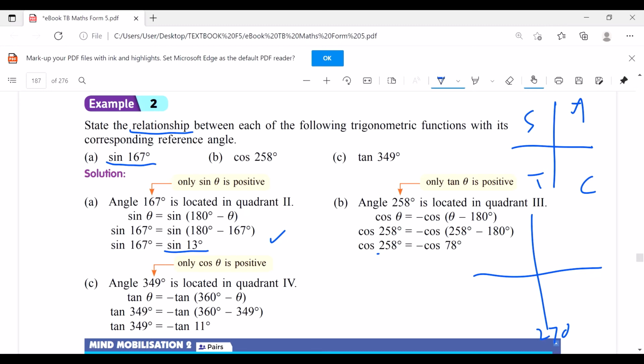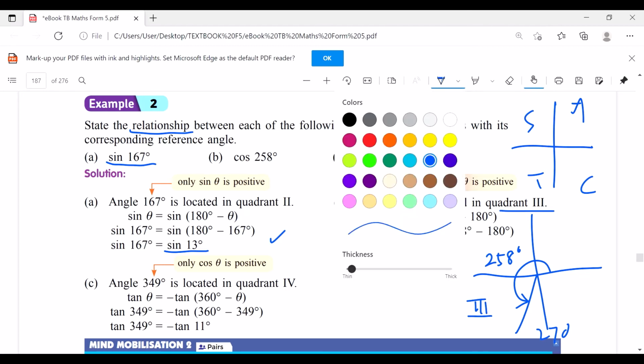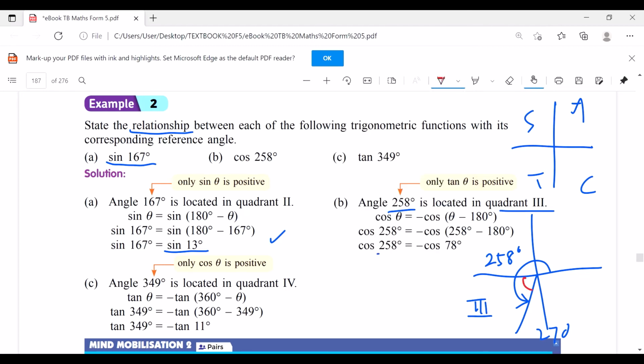So 258 is still here. 258 degrees. So it is in the third quadrant, and you want to find the corresponding reference angle. So the angle will be here, the alpha, the corresponding angle.